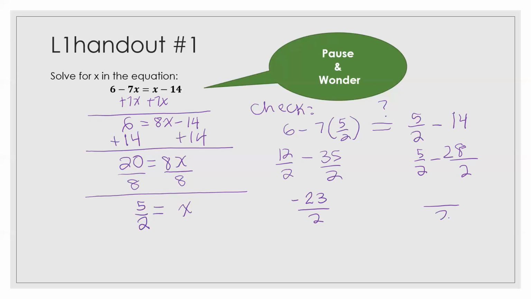Common denominator is 2, so we'll keep that. 5 minus 28, of course, is negative 23. So yes, they are the same. And since they are the same, x equals 5 over 2 is a good answer.